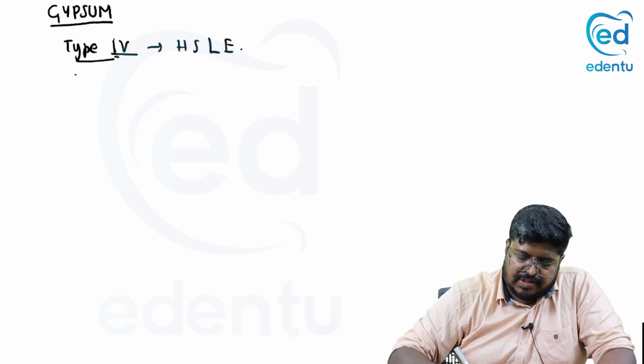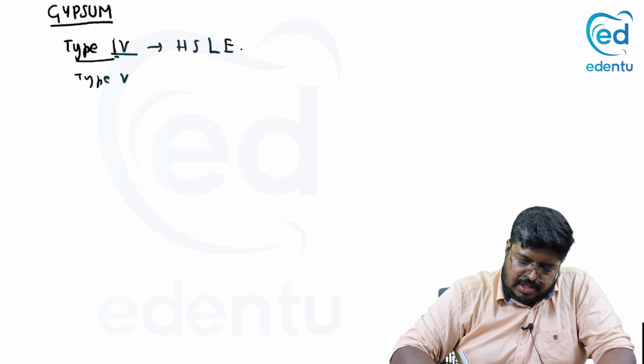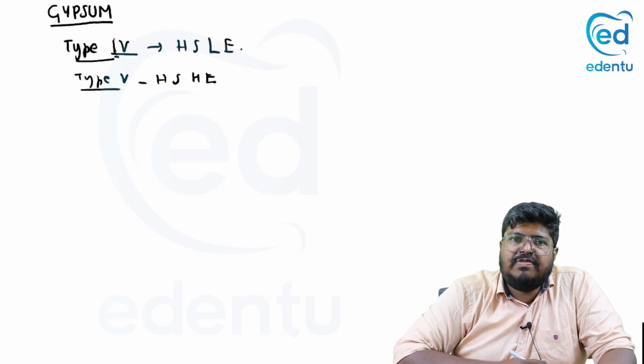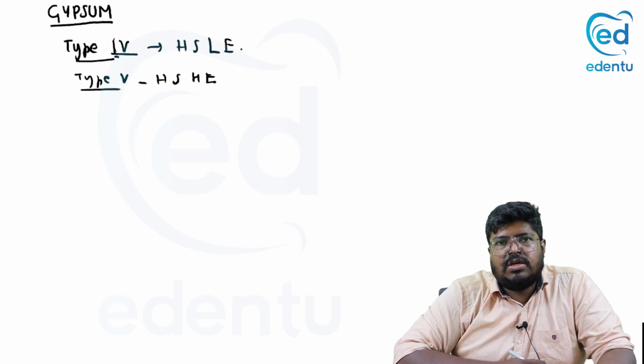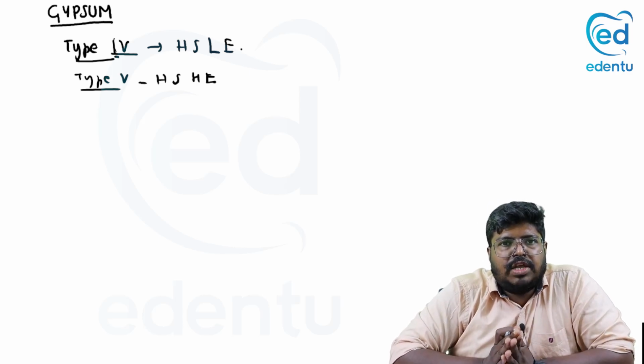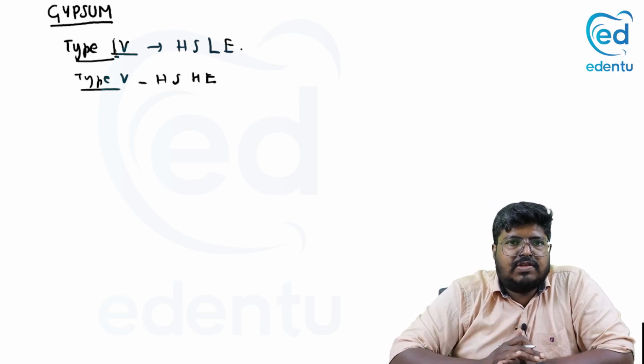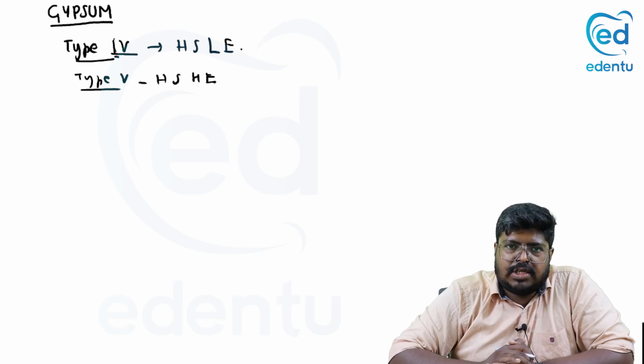Type 5 is high strength, high expansion. This is used specifically for electroplating and for making dies with increased expansion. This was just a brief introduction. Explanations regarding each important section will be taken in the coming sessions.